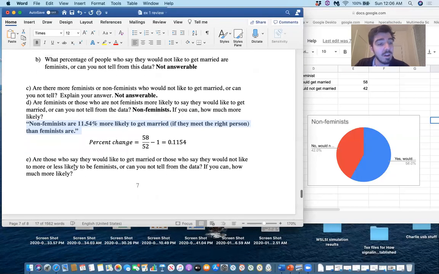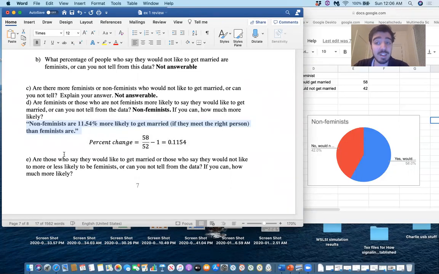Last one. Are those who say they would like to get married or those who say they would not like to more or less likely to be feminists, or can you not tell from the data? Okay, this is another more likely percent comparison question. We need to be comparing between two pies, right?